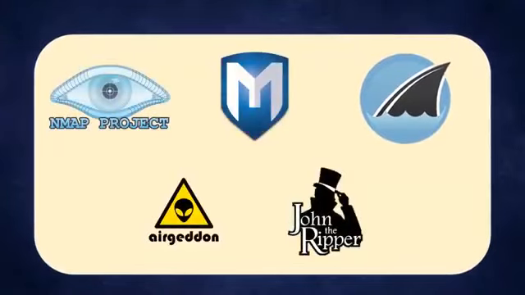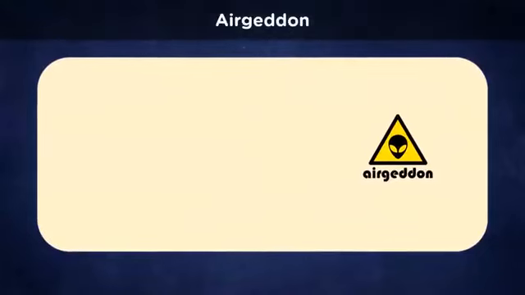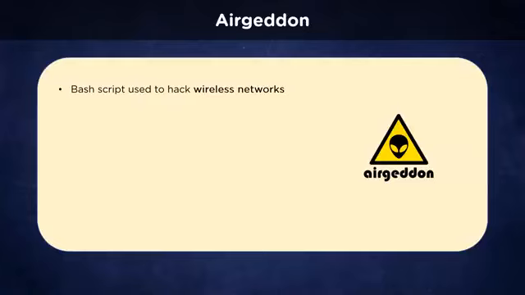The next tool on our list is Airgeddon, which is a part of the third phase of penetration testing. This is a multi-use bash script for Linux systems to hack and audit wireless networks like our everyday Wi-Fi router and its counterparts.